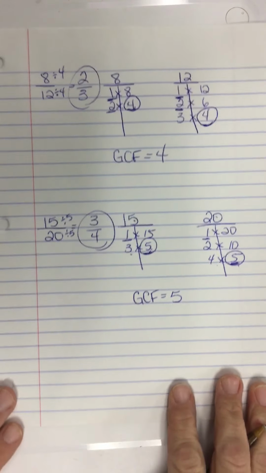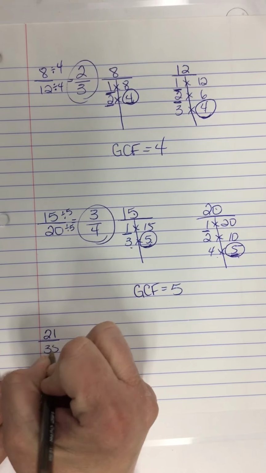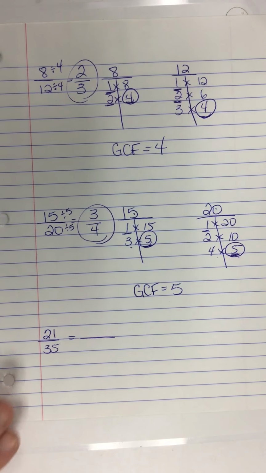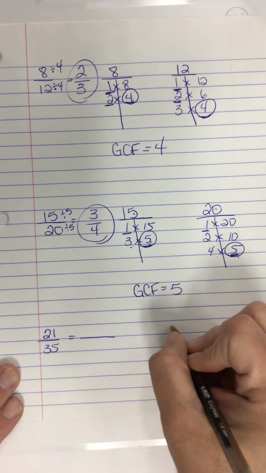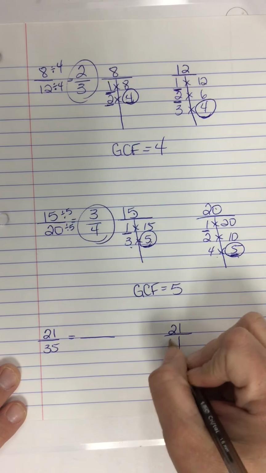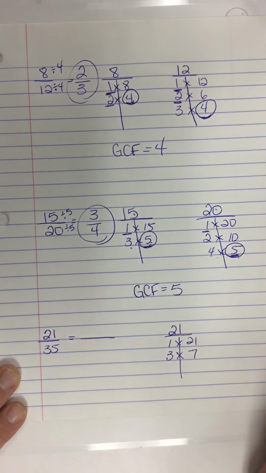Okay. All right, do 21 over 35. Reduce that fraction and tell me what you get. All right, so you should have done a T-chart for 21. 1 times 21, 3 times 7.